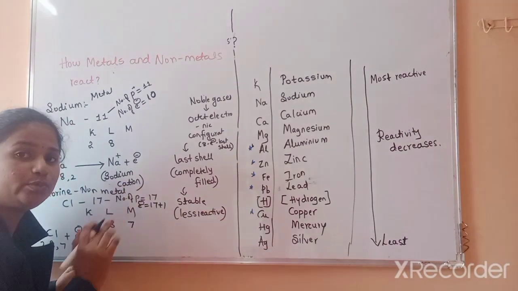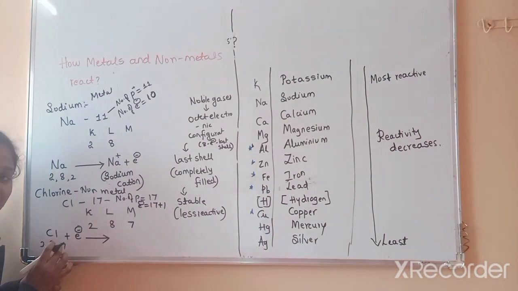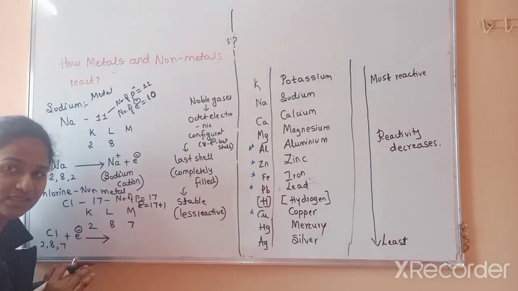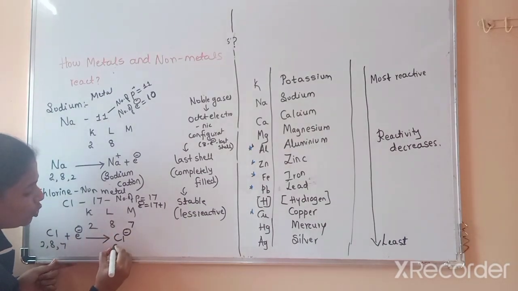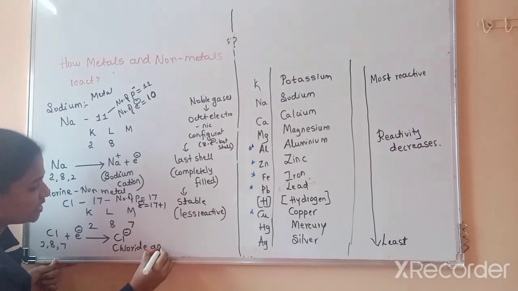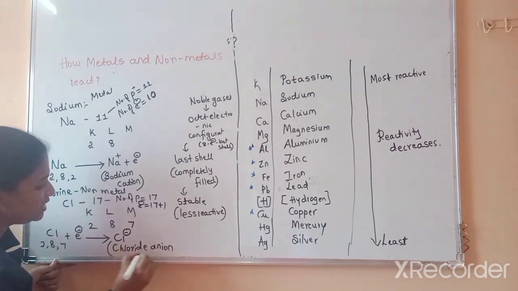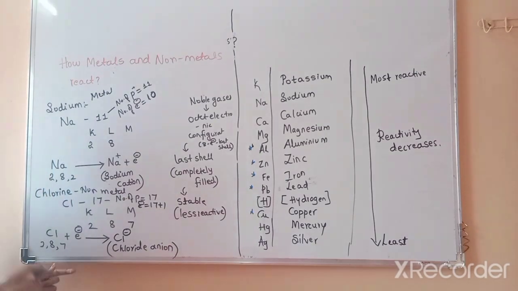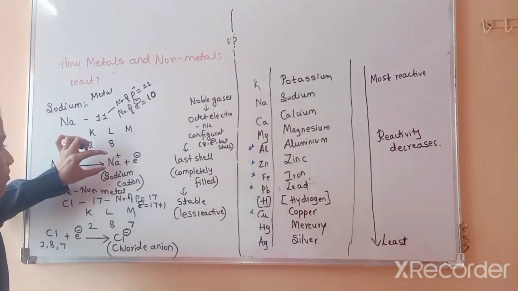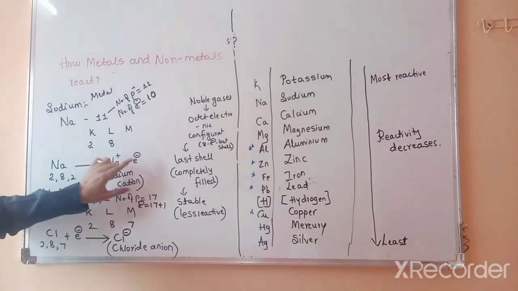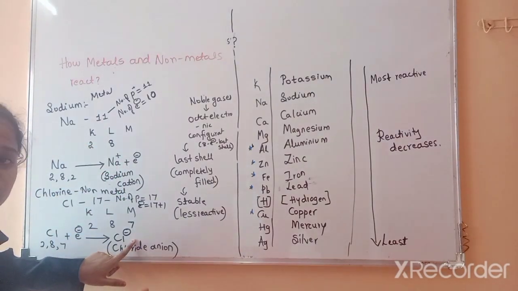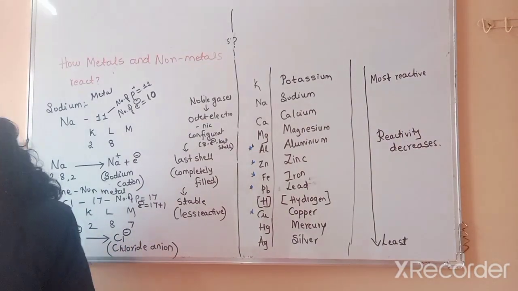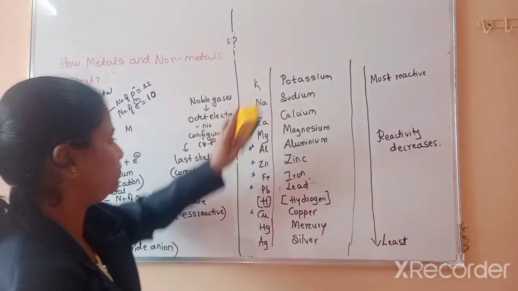When one electron is added, one negative charge is added. That is why it becomes negative. So we call this chloride anion. Negative charge is anion, positive charge is cation. Now here, Na wants to lose 1 electron and chlorine wants to gain 1 electron. So some friendship happens between the two.